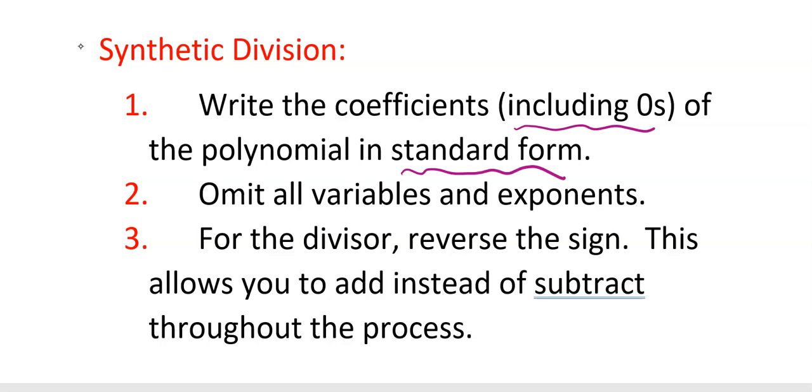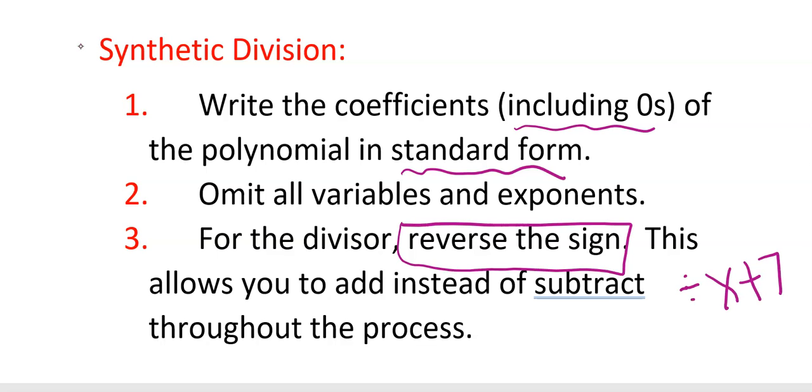Okay, and then for the divisor, reverse the sign. This is a big deal right here. You always have to remember to reverse that sign. So for instance, if you were dividing by x plus 7, you would be dividing by -7 in the synthetic division.